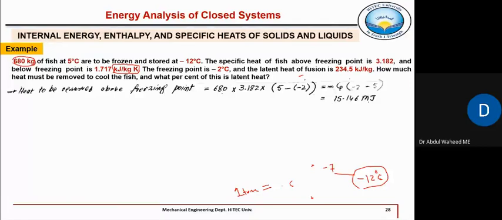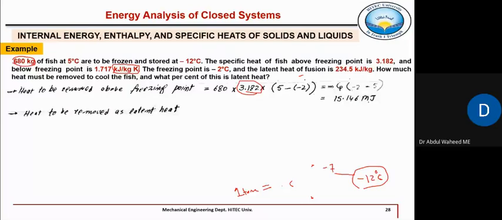So answer will be in joules because it is kilograms, kilojoules per kilograms per Kelvin into Kelvin is change in temperature. In Celsius is equal to change in temperature in Kelvin. So answer will be in kilojoules because this value is given in kilojoules, 3.182 kilojoules per kilogram. So usko phir aap megajoules में convert किया, उसे again 1000 पे divide.